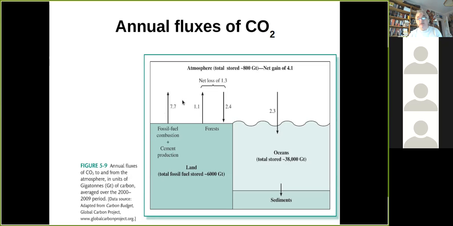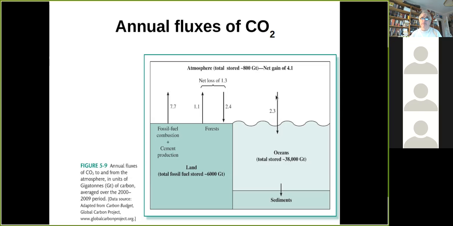But in this figure, 7.7 billion tons of carbon dioxide are added to the atmosphere every year. Forests both give off and take in carbon dioxide. According to this figure, the forests do consume carbon dioxide in total.